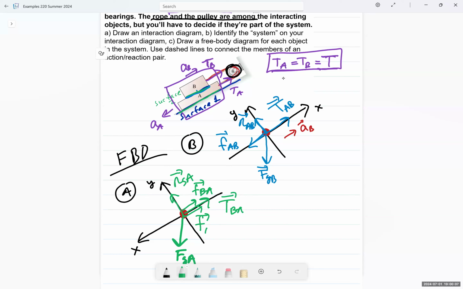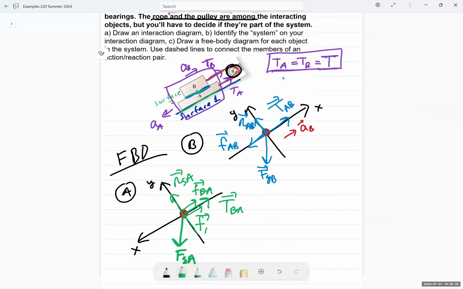All right. But we're not done yet. There's one more thing, because the same surface 2 that gives us this friction also gives us a normal force. If you think of B sitting on top of A, you can also flip it and say A is sitting on top of B, right? So there's a surface there.